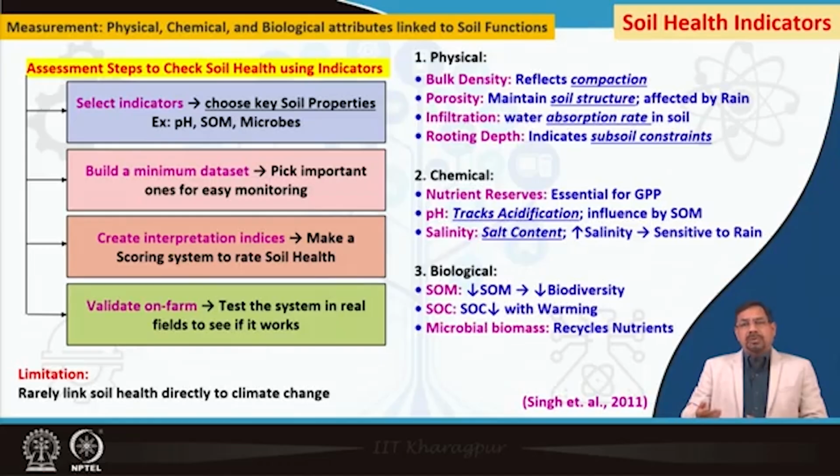We'll discuss more about the impacts of warming or rise in temperature on soil organic carbon. Then the microbial biomass helps us in recycling the nutrients, thereby maintaining the nutrient level in the upper soil.